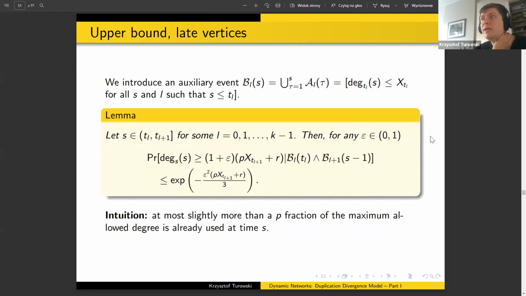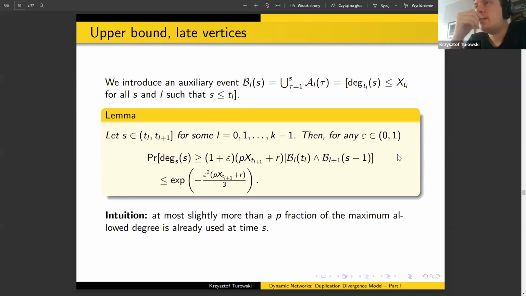Okay, now we use it to bound the later vertices. For now we know that all early vertices have degrees which do not grow too fast, which grow as much as t to the p times polylog.